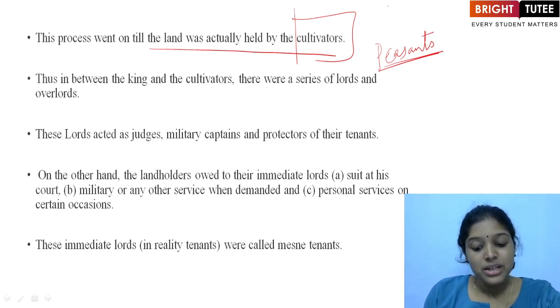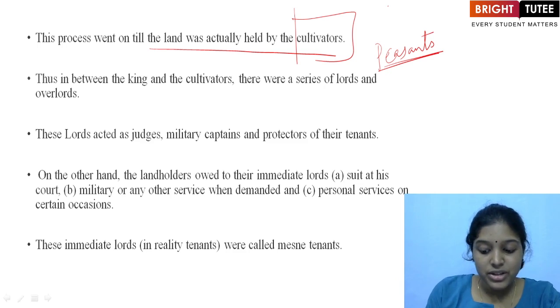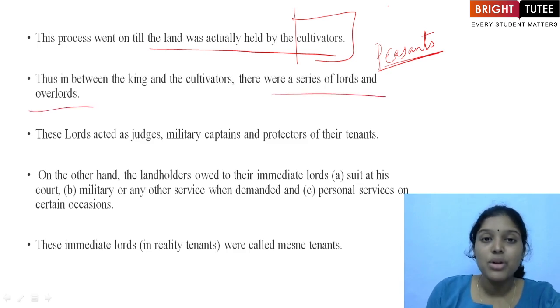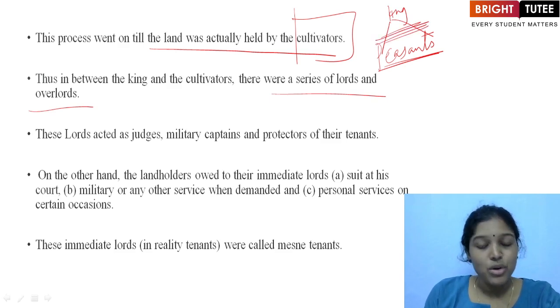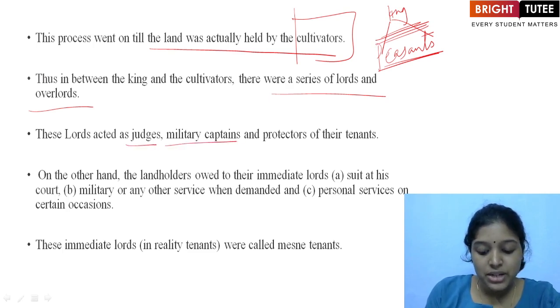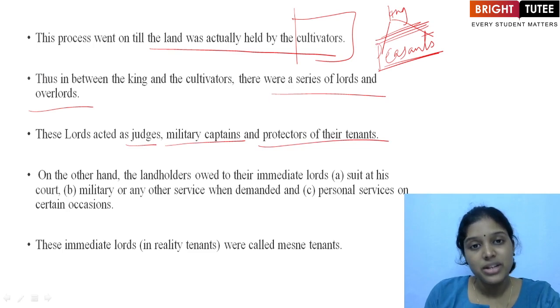Thus, in between the king and the cultivators, there were a series of lords and overlords. This is important. Between the king and the cultivator, there were a series of lords and sub-lords. These lords acted as judges, military captains, and protectors of their tenants.